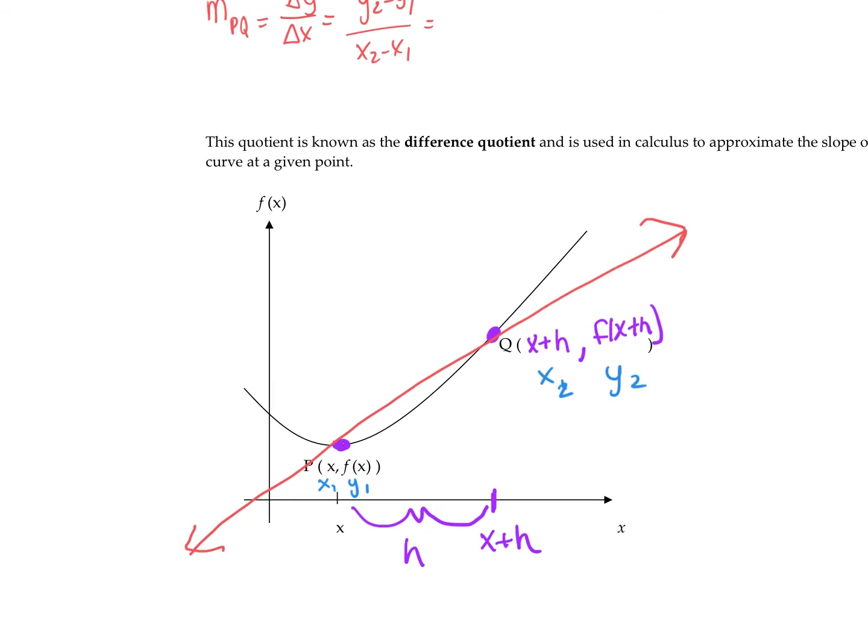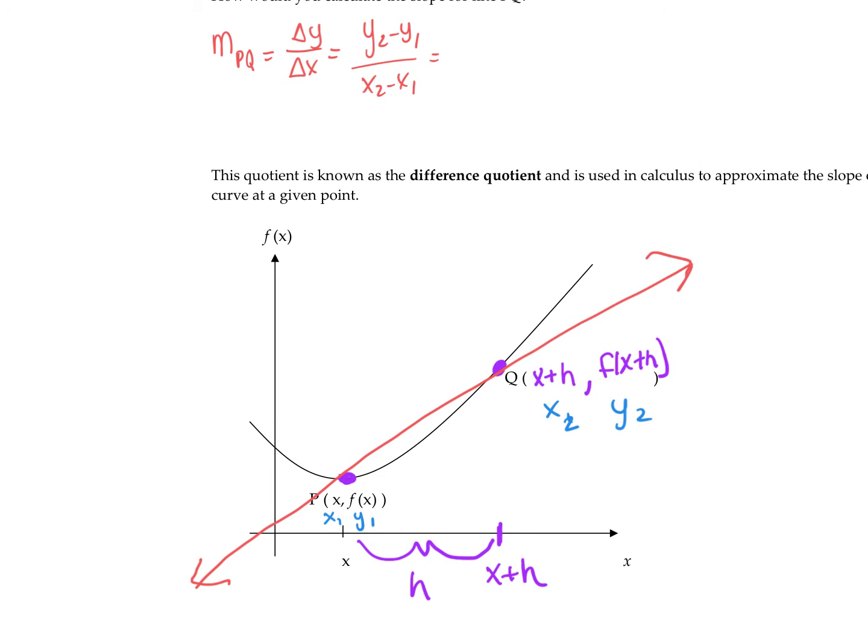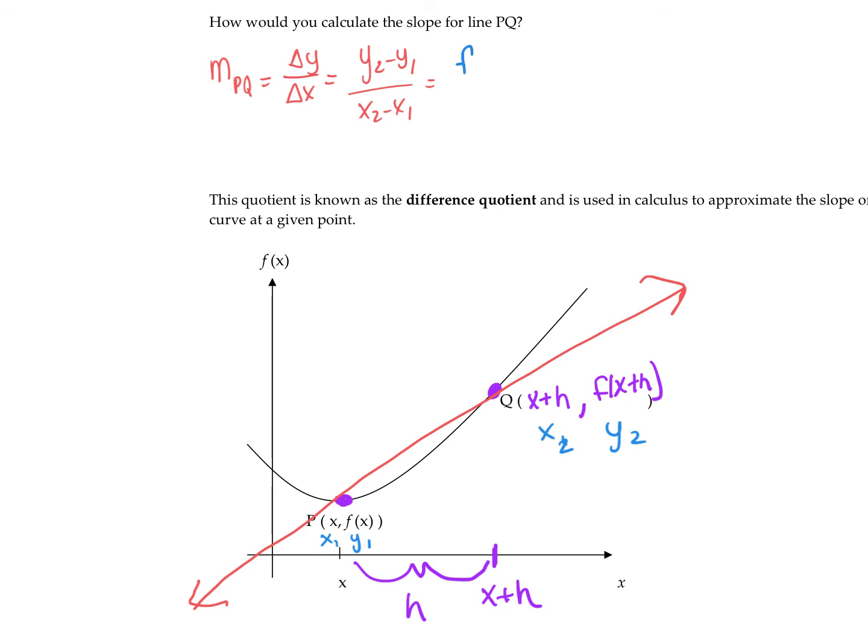So I'm going to do y2, which is f of x plus h, minus f of x, all over x2, which is x plus h, minus x1, which is just x.